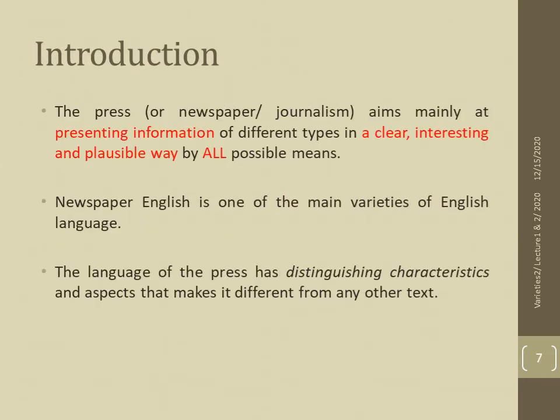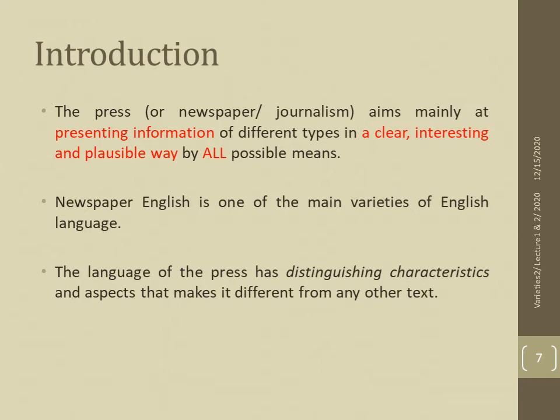So let's begin with the introduction. The press or newspaper, also termed journalism, aims mainly at presenting information of different types in a clear, interesting, and plausible way by all possible means. In fact, the primary function of journalism is to inform the public by reporting on local, national, and global news and events.